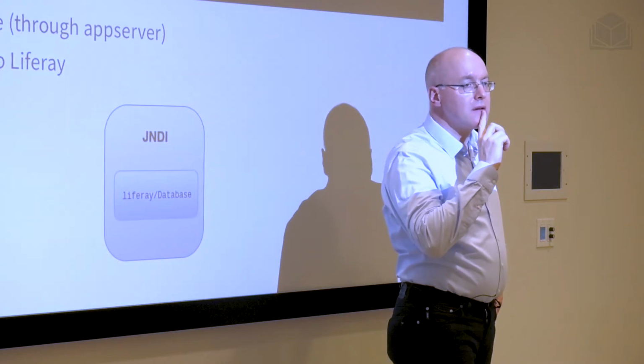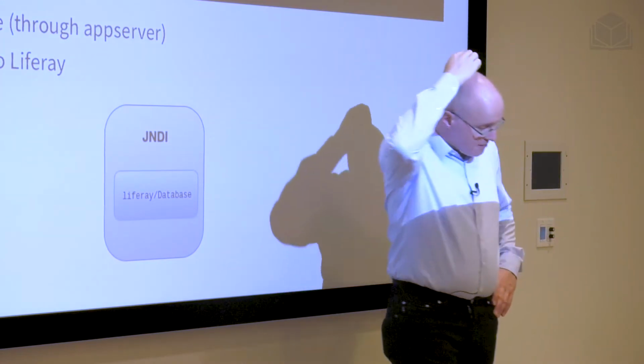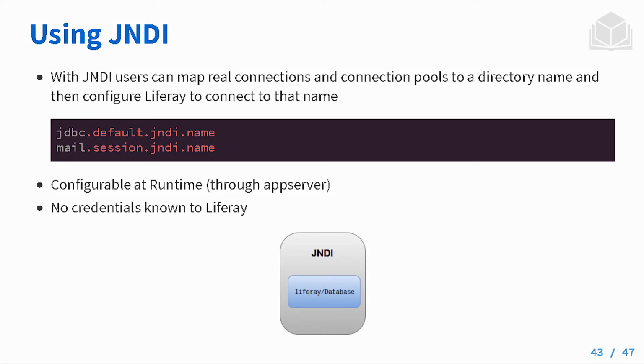Java naming and directory interface. Naming and directory, yeah. Okay. Now, if you configure the JDBC default JNDI name, Java naming and directory interface name, then you will just point to a configuration that the application server provides to you.